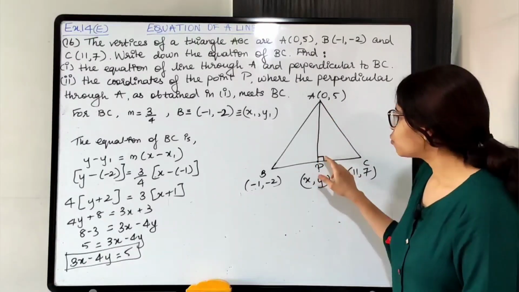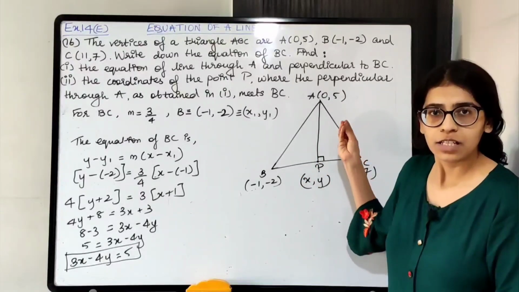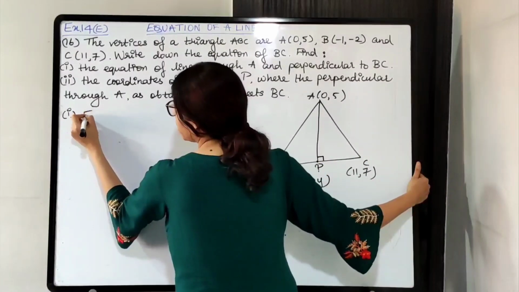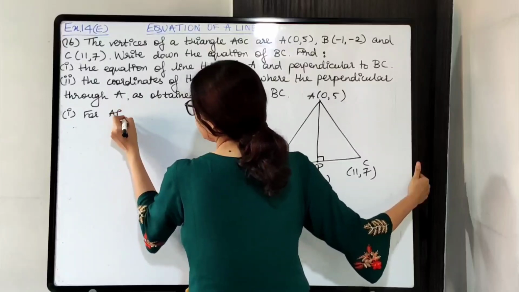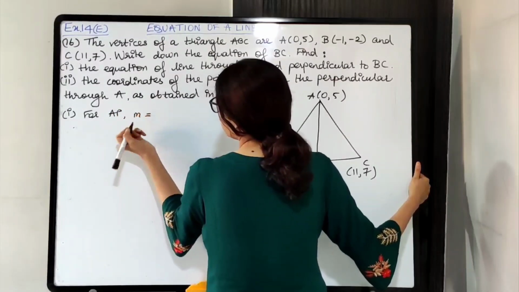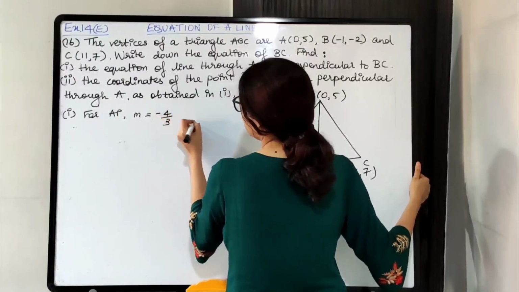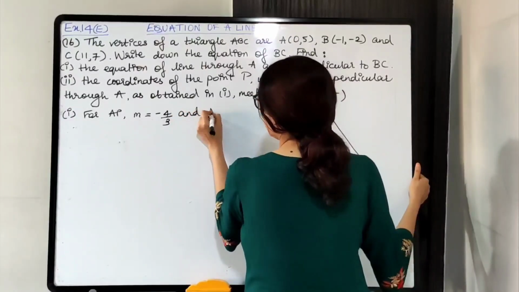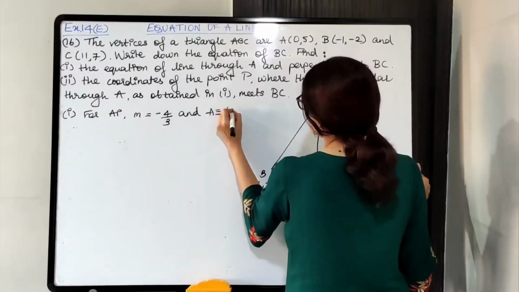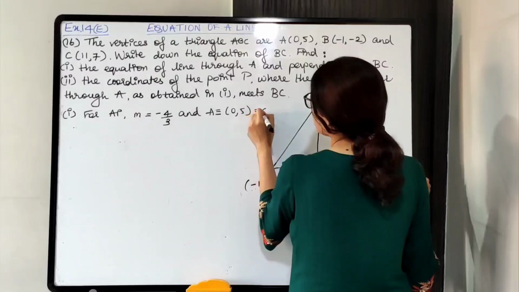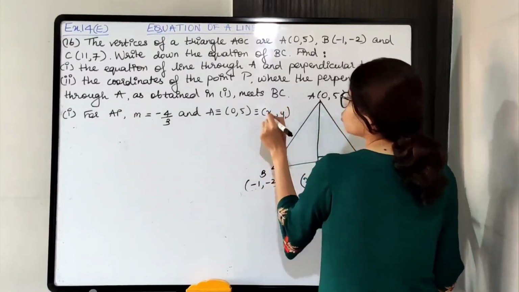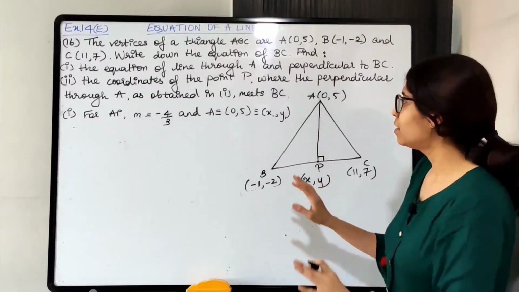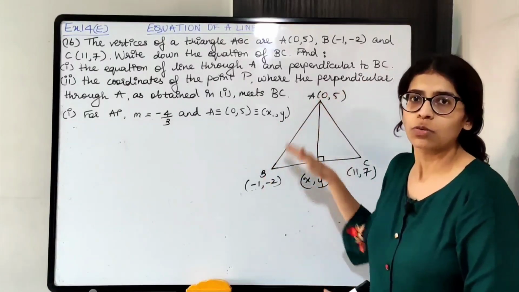Now we'll find the equation of AP, for which we need to find the slope of AP. So write down for AP, slope is -4/3 and A is 0,5, which will be x1, y1. Now students, normally I avoid taking x1, y1 for all the coordinates. Okay.